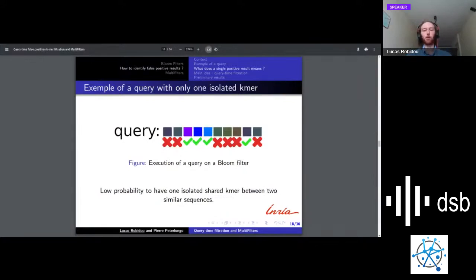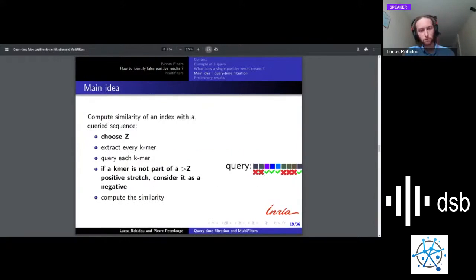And we would want to get rid of the false positives. Looking at that query, you can guess that there's a very high chance for a false positive to be isolated. I mean, each of its neighbors is very unlikely to be positive if it's a false positive.